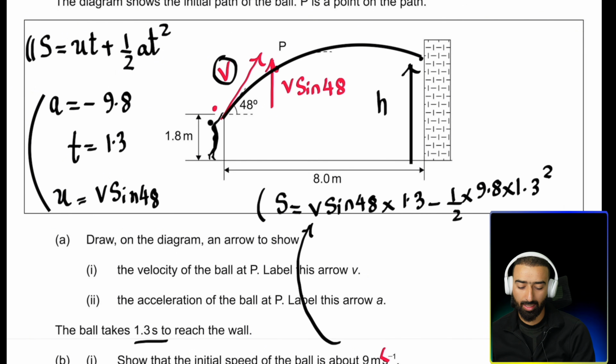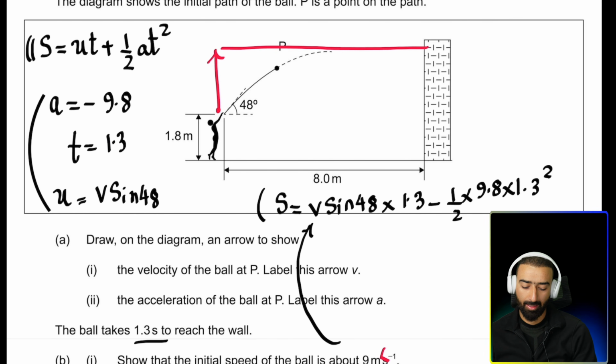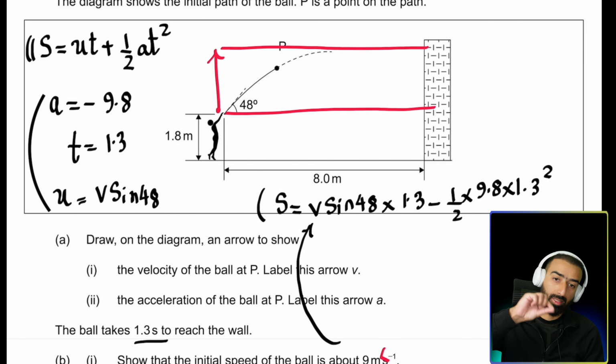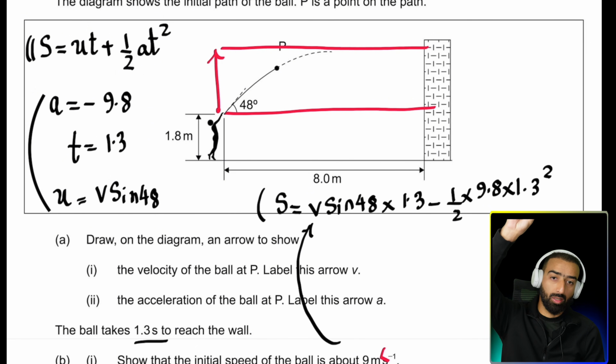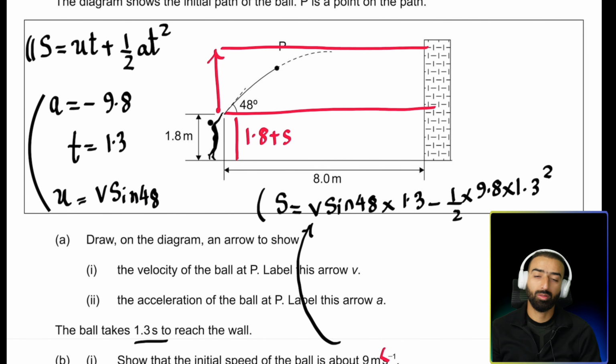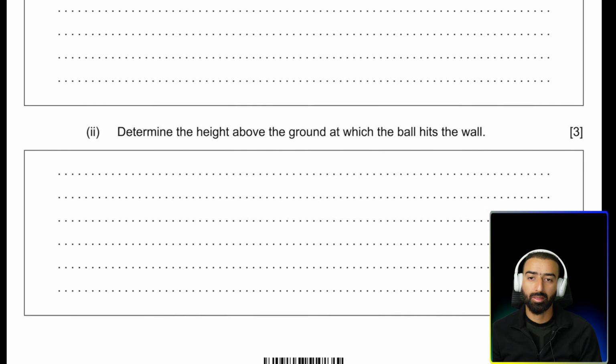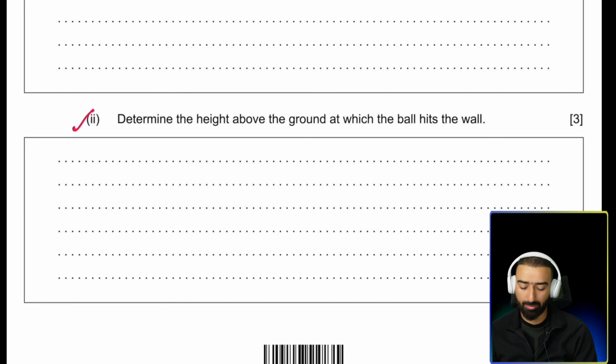It gives us the height of the ball from this reference point to the top of the wall. But we are supposed to find the total distance from the ground up to the wall. So we need to add 1.8 meters to s in order to find the total displacement. I leave this as an exercise for you to try, and you'll find that completely solves this problem.